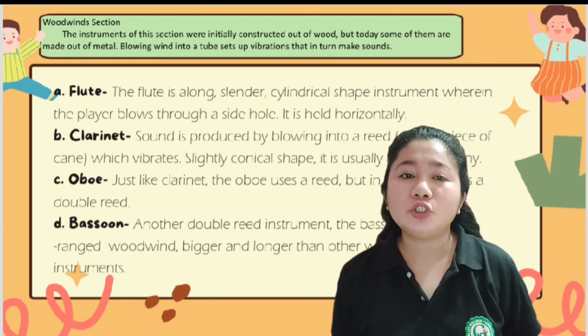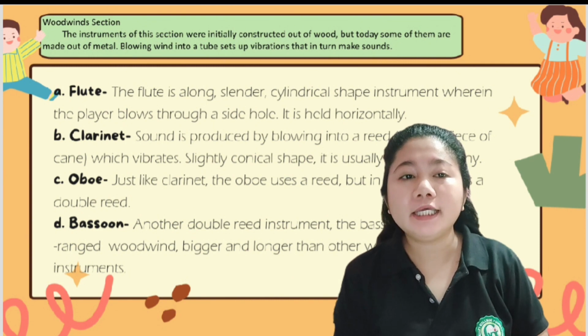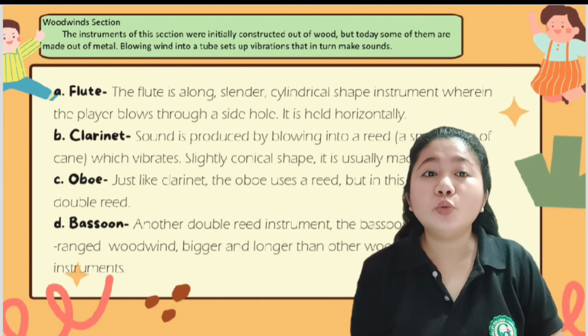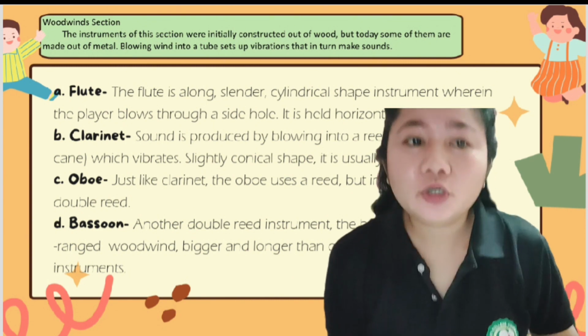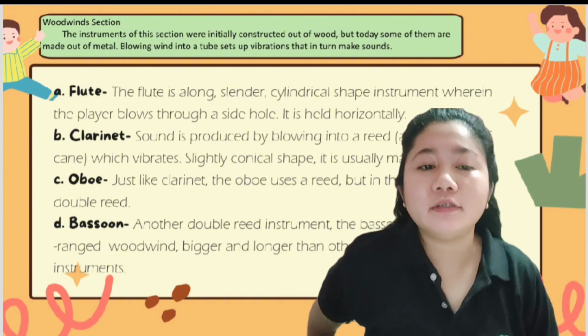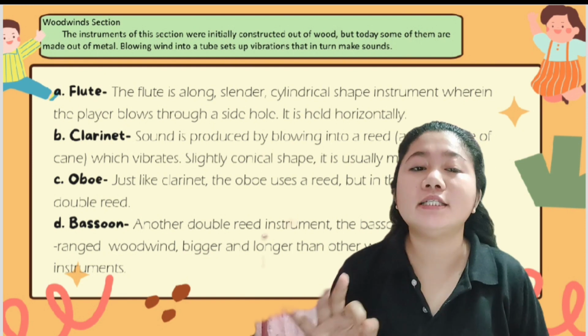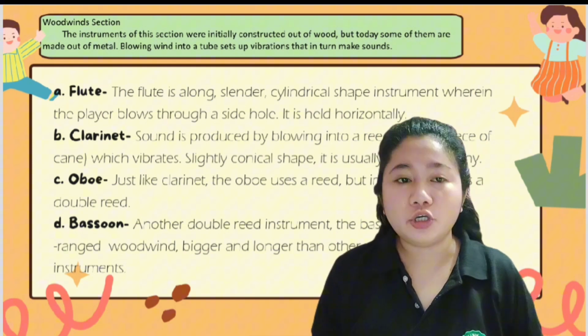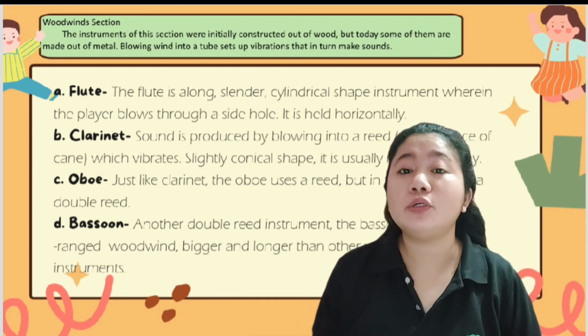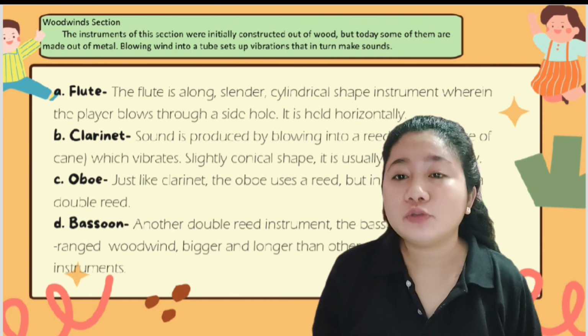So, for the continuation of our topic, we're going to discuss the woodwind section. In woodwind section, we have flute, clarinet, oboe, and then the bassoon. The instruments of this section were initially constructed out of wood.